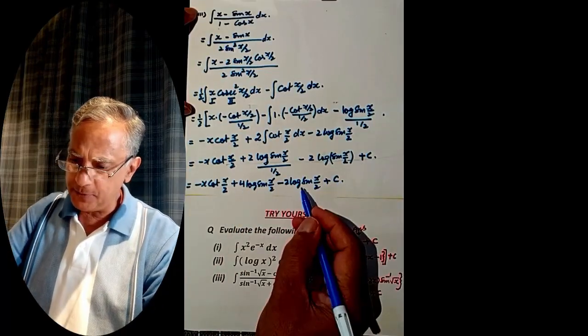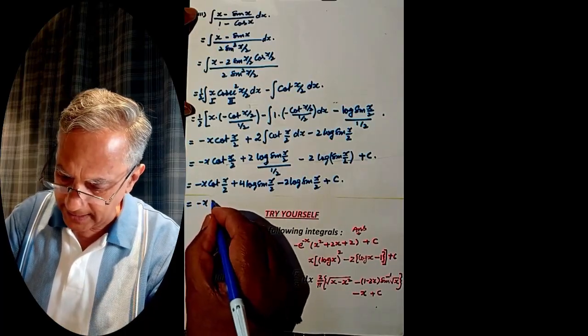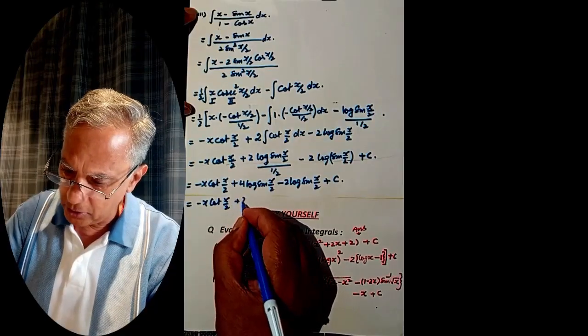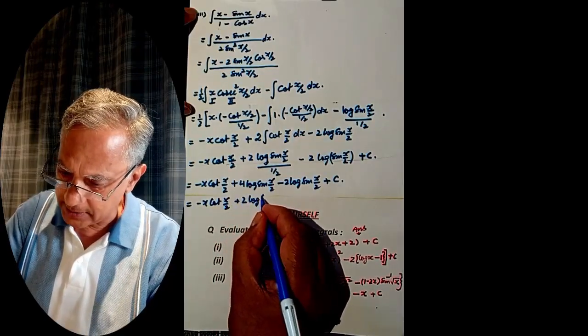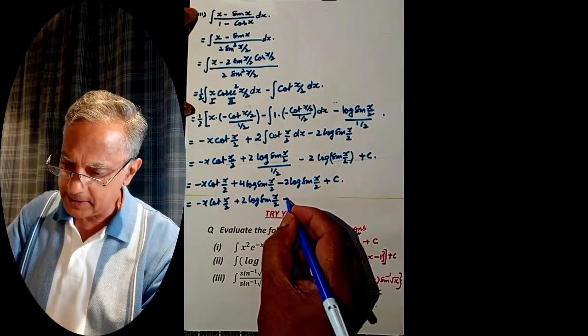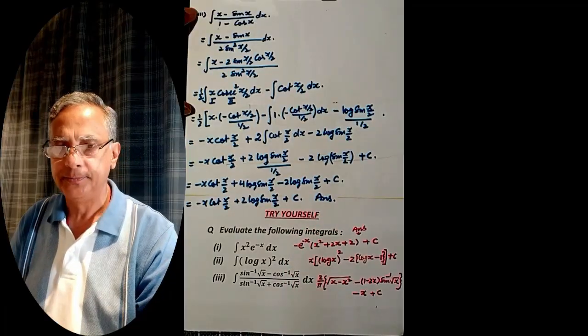Now these two terms add, and we get minus x cotangent x by 2 plus 2 log sin x by 2 plus c. So this is the answer.